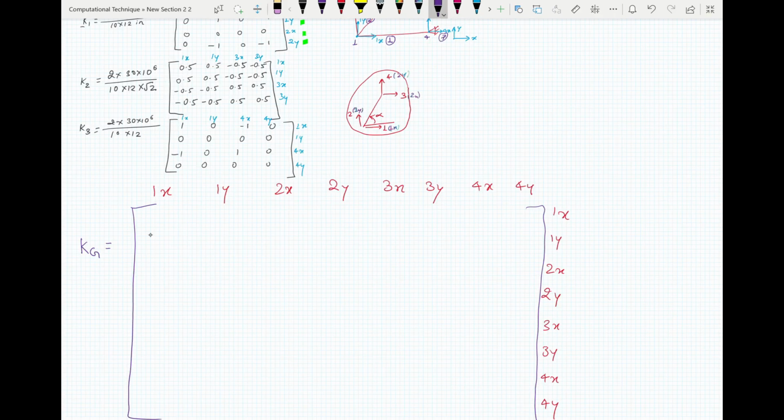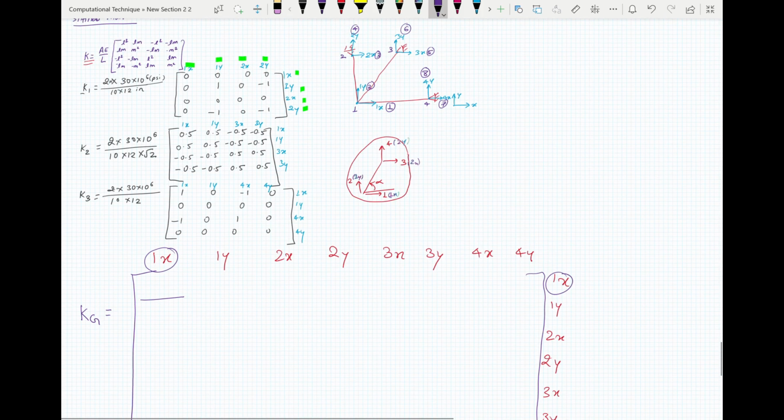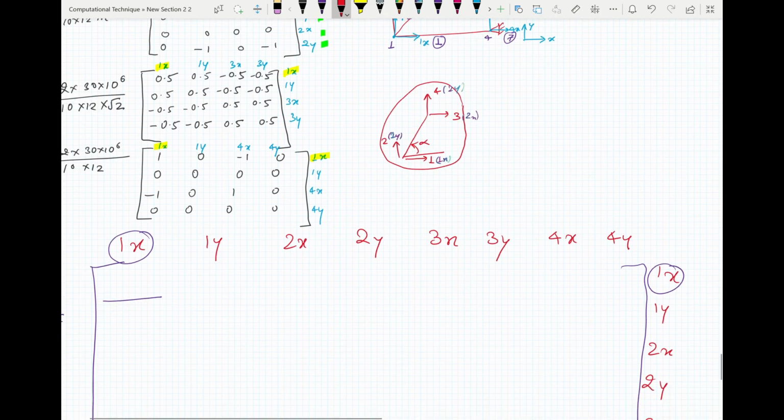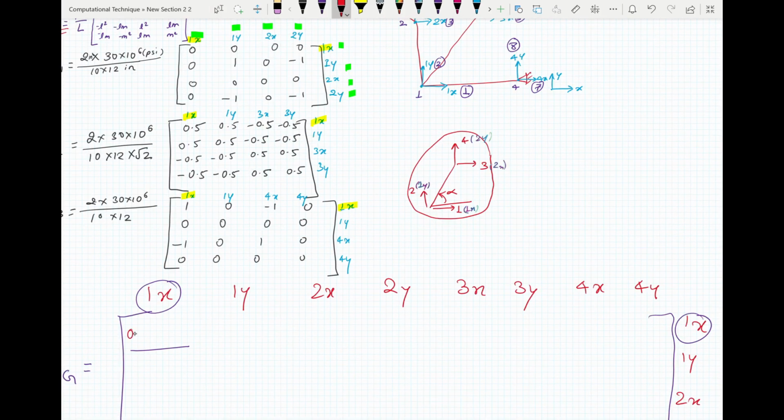Now to fill this, you have to look at 1x, 1x. We can see here that there are 3 values of 1x. You just have to add those up. So what you get here will be 0 plus 0.5 plus 1.